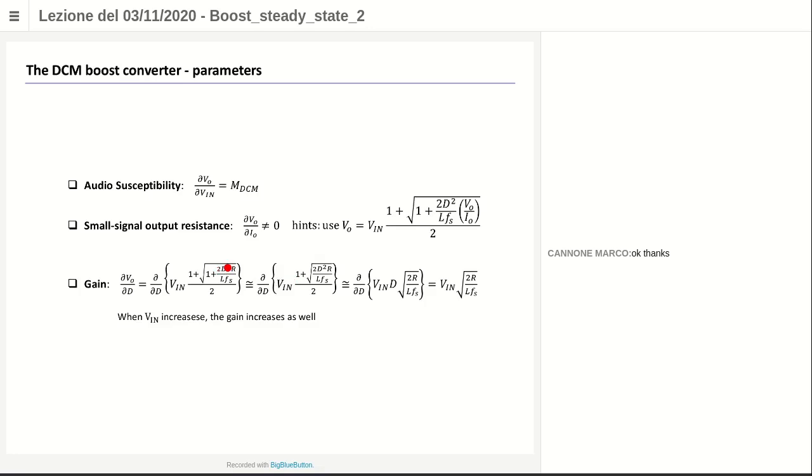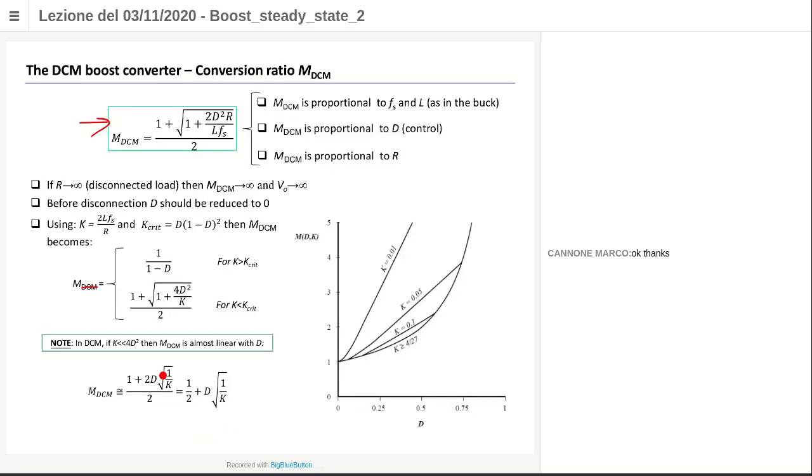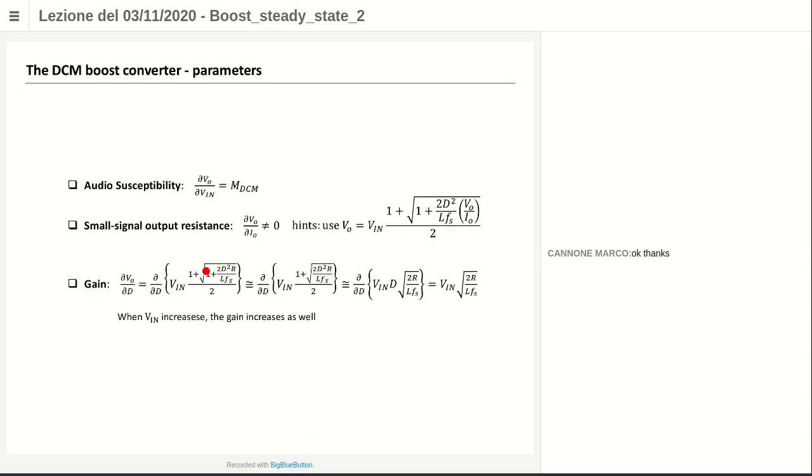A very useful approximation, the same approximation that I put here for making the linear variation, describes the variation of M in DCM as linear. Considering this part higher than 1, I can neglect 1 in this square root, and then I can neglect 1 in this square root here, so you can extract from the square root, and then you have a very simple computation.